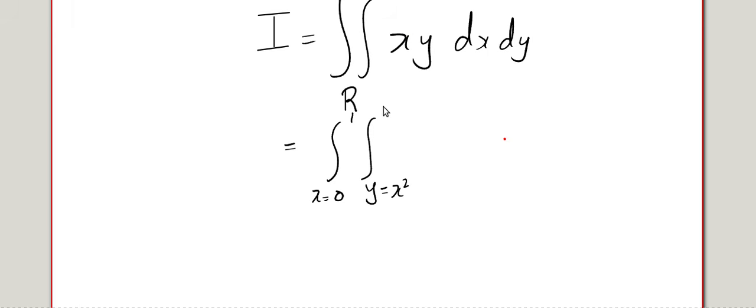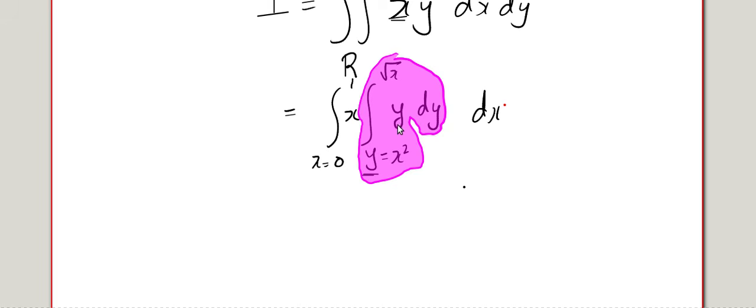The inner limit will be always the variable limit, and the inner limit depends on x. So I am going to write y, and I am going to keep this x outside the integral, and I am going to write dy and dx.